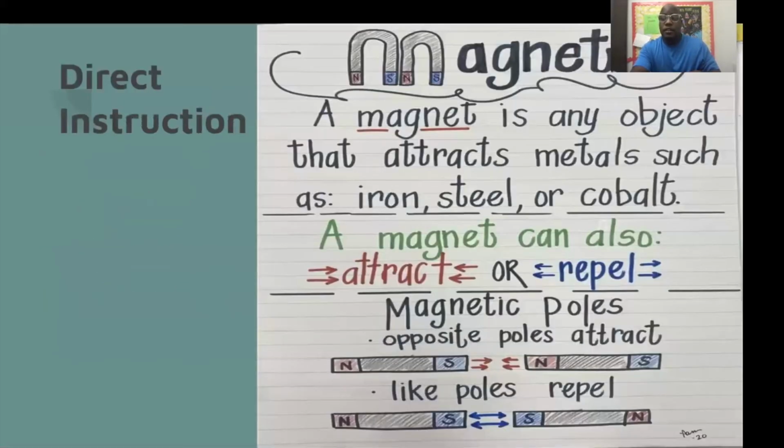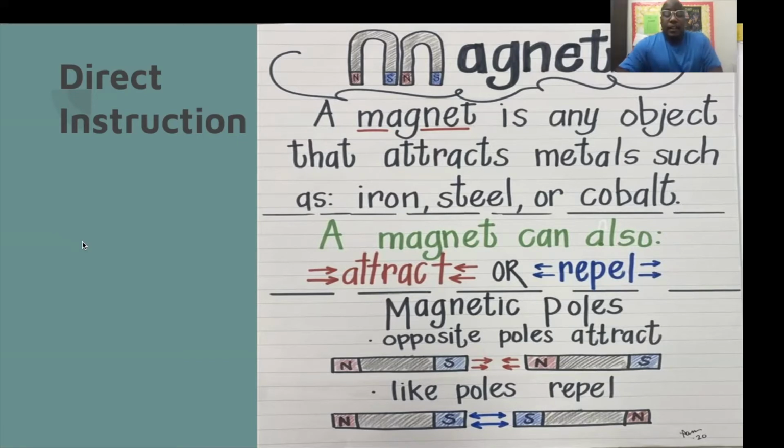Let's read this about magnets. A magnet is any object that can attract metals such as iron, steel, or cobalt. A magnet can also attract or repel. So we learned about attract and repel. They either come together or they push apart. I want you guys to remember those two words, coming together and pushing apart: attract and repel.